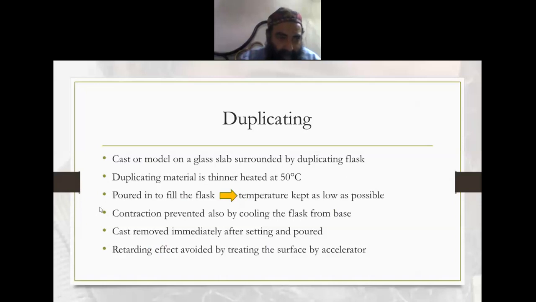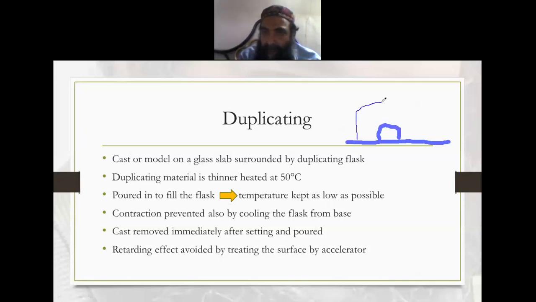I am just making a sort of drawing. This is a glass slab and this is our denture, you can say. So the cast or model is placed on a glass slab, and it is surrounded by a duplicating flask.